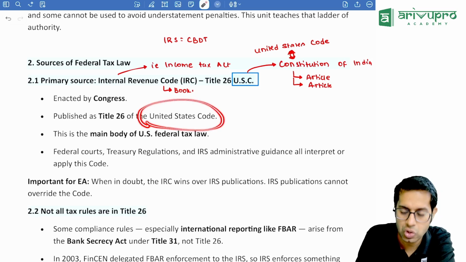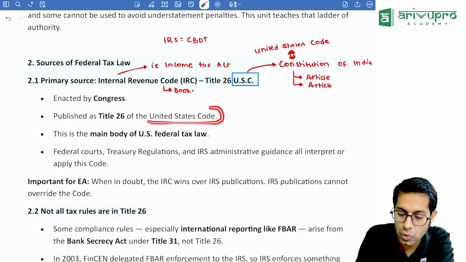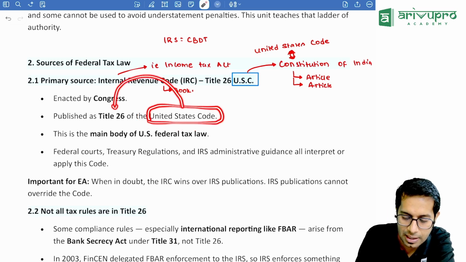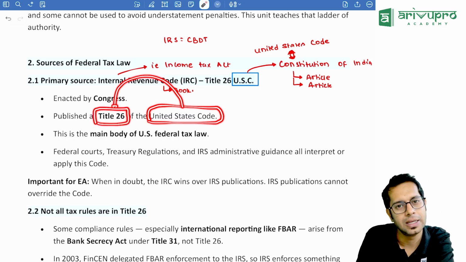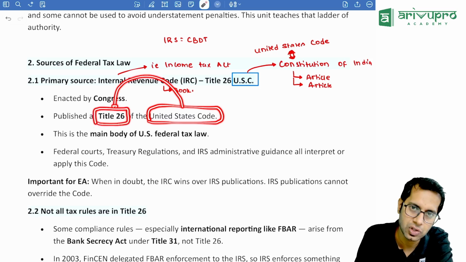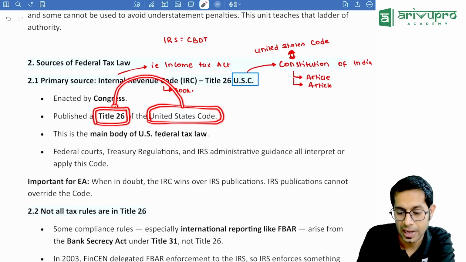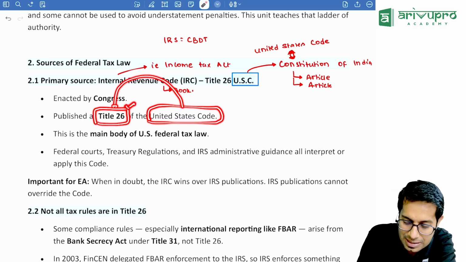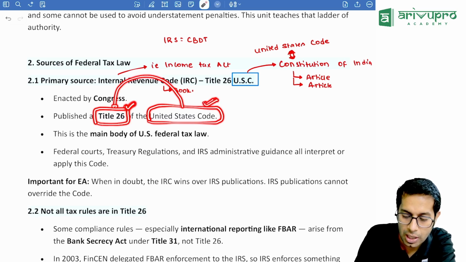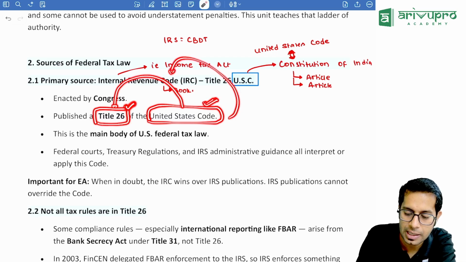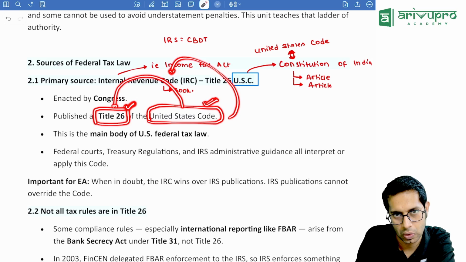Like we have the Constitution of India over here, over there they have the United States Code. In that United States Code, there is an article called Article 26. Over there, instead of article, they call it title. It is this particular title of the United States Code which gave the permission for making this Internal Revenue Code.